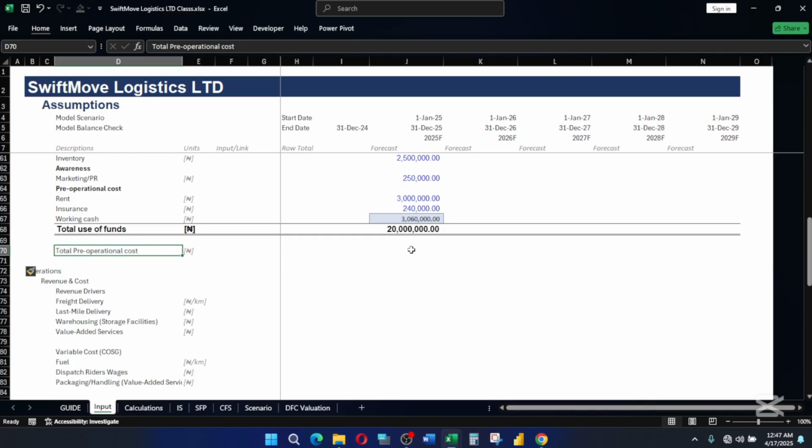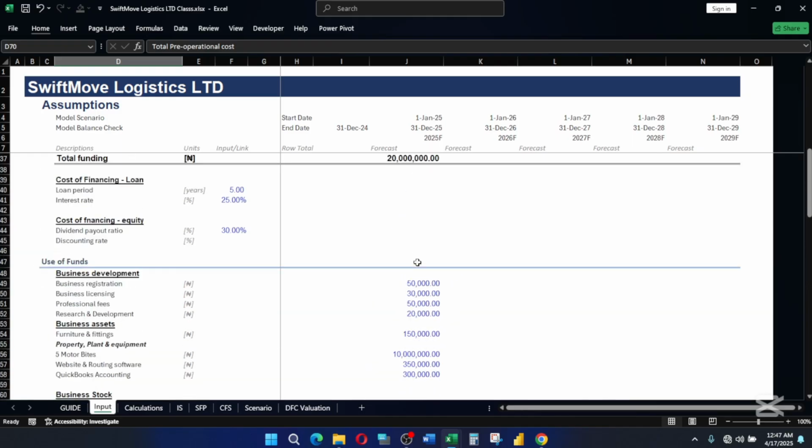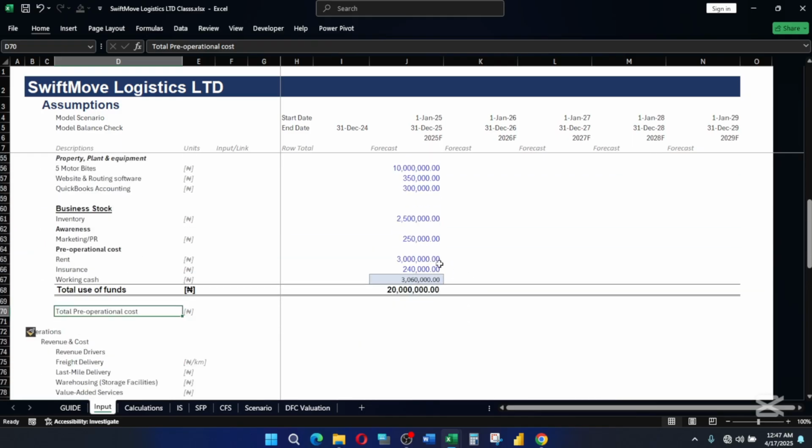When we start the calculations, I don't like a situation whereby I will have to come back and start selecting this one by one. So I will show you when we start the calculation, but for now let's just calculate our total pre-operational cost.